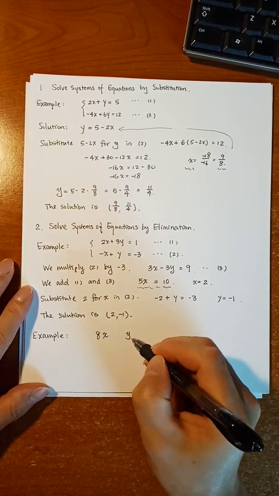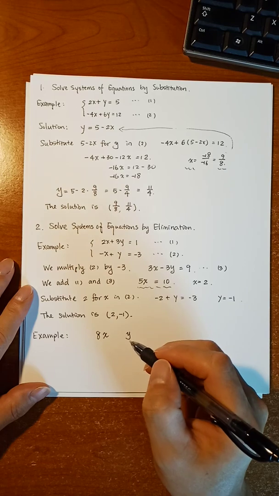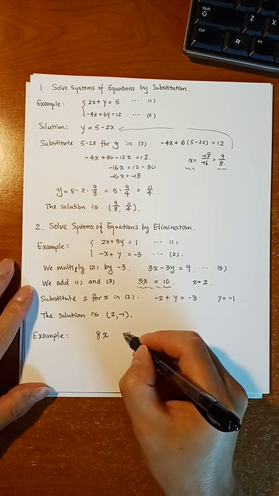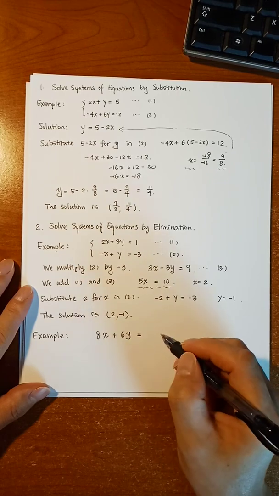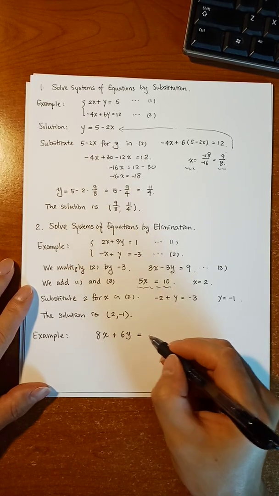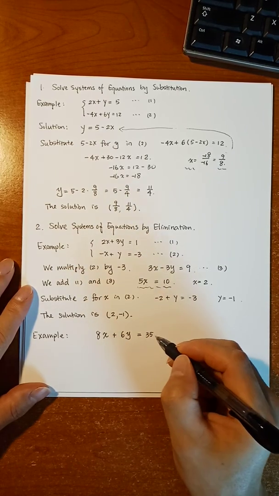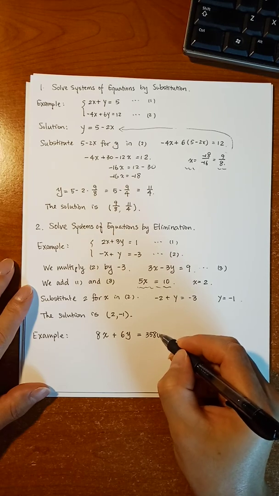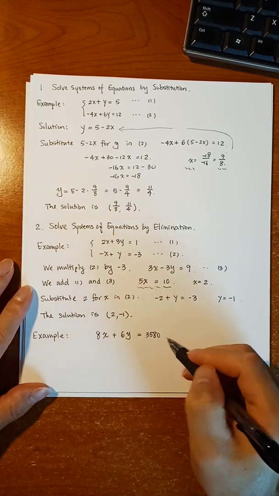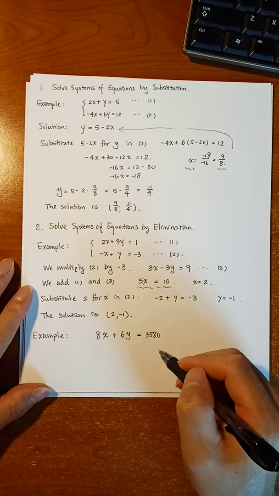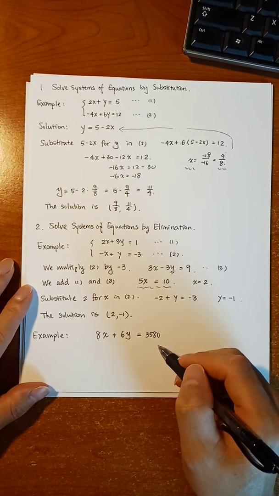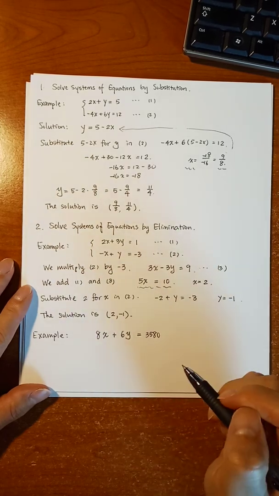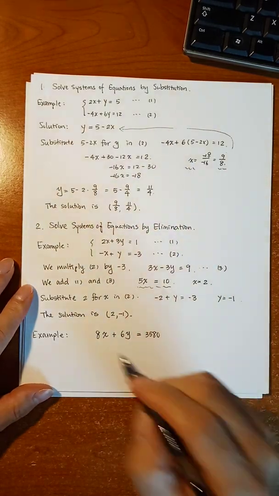Y represents the number of tickets at the discounted price, 6. And the total revenue, total sale, is $3,580. So 8X plus 6Y is $3,580. Remember, this is the data from the example we discussed last time.